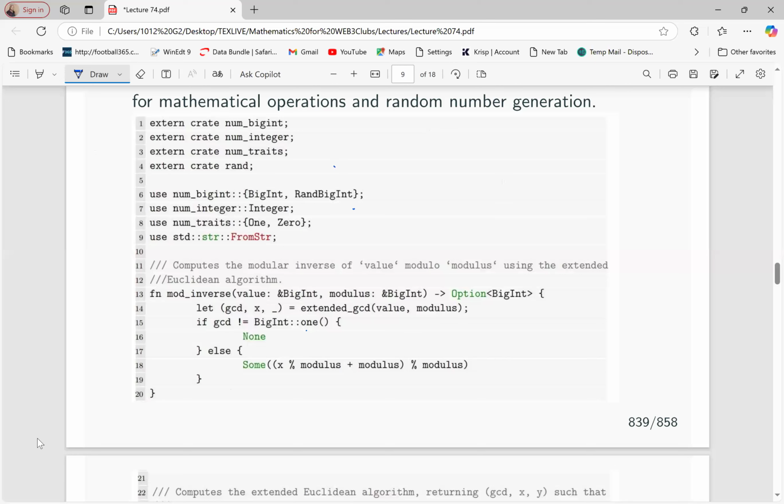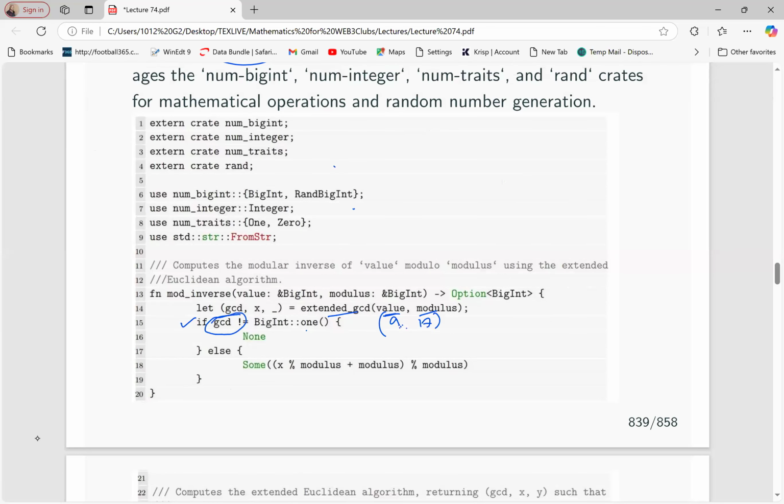Let me just repeat, we are using the extended Euclidean algorithm and want to find the inverse of a value. Let me say A, and the mod, let me say 17 in this case. For us to get the inverse of A, this part says that the GCD of A and 17 must be 1. So if the GCD is not 1, then A has no inverse.